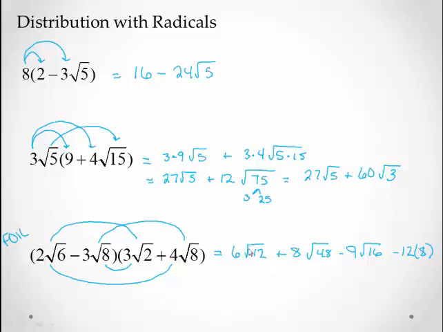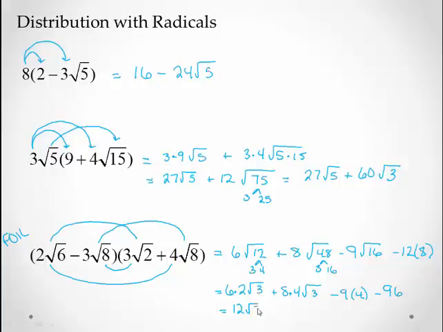Now I'll need to simplify this. 12 is 3 times 4, and 4 is a perfect square, so I'm going to have 6 times 2. And 48 is 3 times 16. And 16 is a perfect square, which gives me a 4. And then 12 times 8 is 96.